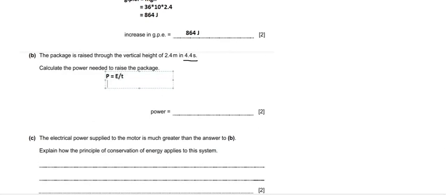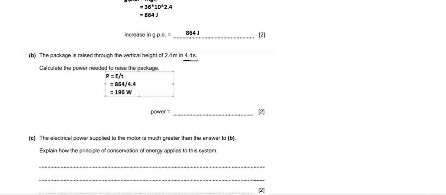We are going to consider the gravitational potential energy that we already calculated, that is 864. So 864 divided by the time taken, that is 4.4 seconds, and we are getting the value of the power around 196 watt.